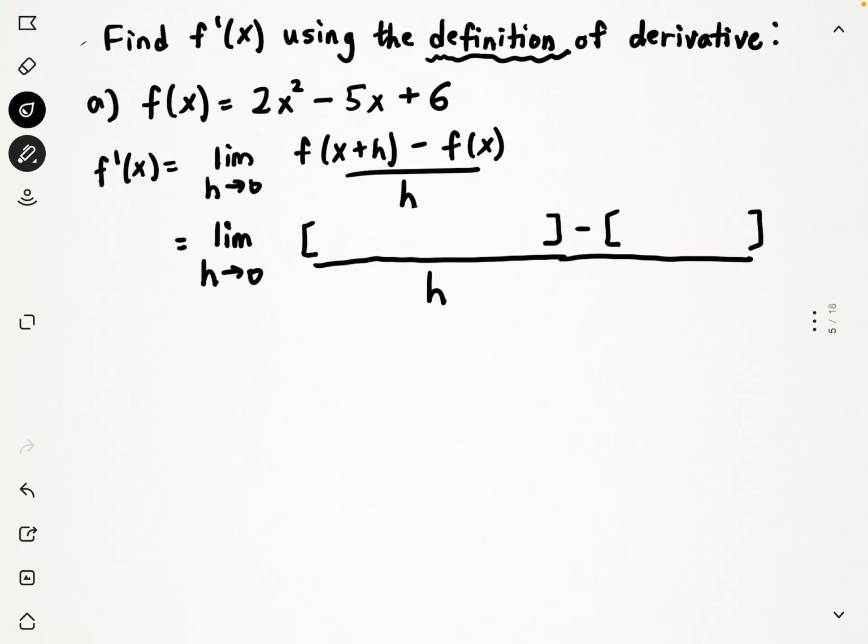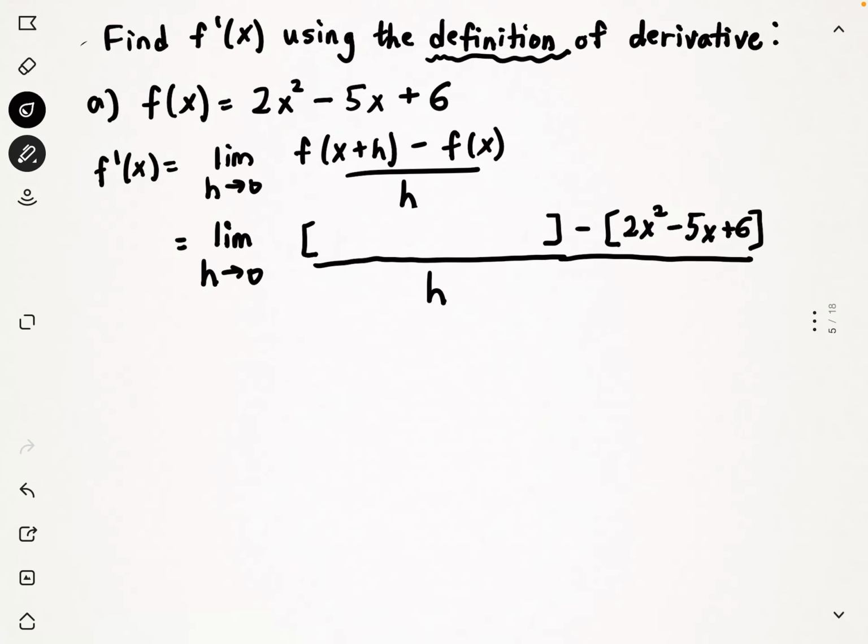There's going to be other brackets inside of here, so I just want to differentiate those. And away we go. What I like to do is put in my second bracket first, which is f of x. And of course, f of x is just the equation that you're given. So all I'm doing right here is plugging in my 2x squared minus 5x plus 6. But on the left side, I have to calculate f of x plus h. What that means is anytime you see x in the equation that you're given, you have to replace it with x plus h.